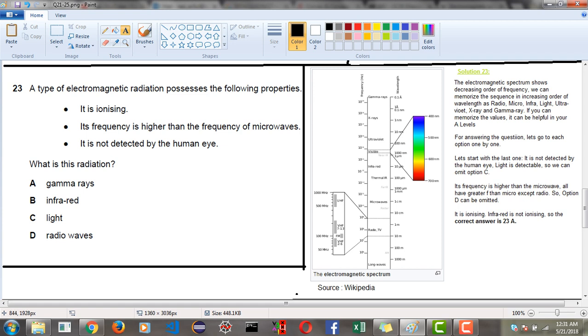And here we can see that greater than microwaves we have all the waves except radio, so we can omit option D. Now we have two options left, that is gamma rays and infrared. And the first statement says it is ionizing. We know that gamma rays are ionizing, infrared is not, and so the correct answer will be 23, that is gamma rays.